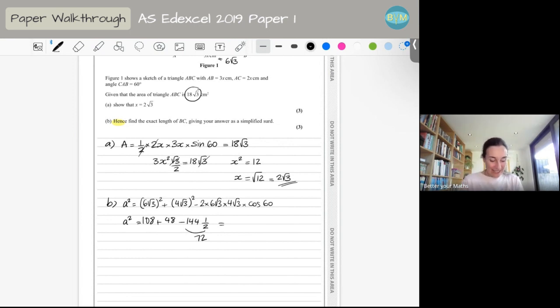So I have 108 plus 48 minus 72, which is 84, and then I'm doing the square root of that. So A is going to be 2 root 21. Yeah, it was that, definitely. Perfect. Any questions? No? All good? So next one.